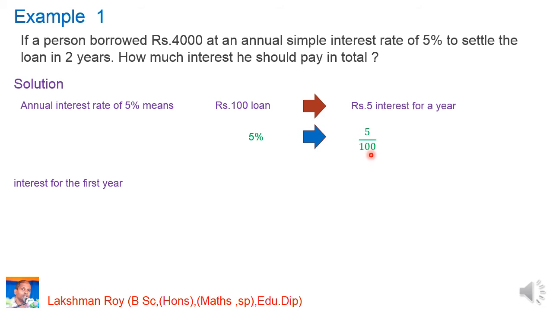That means if a person takes a loan of 100 rupees, the interest he should pay is 5 rupees. Here the person takes 4,000 rupees, so this should be multiplied by 4,000 rupees. If you simplify this, you get the interest for the first year.